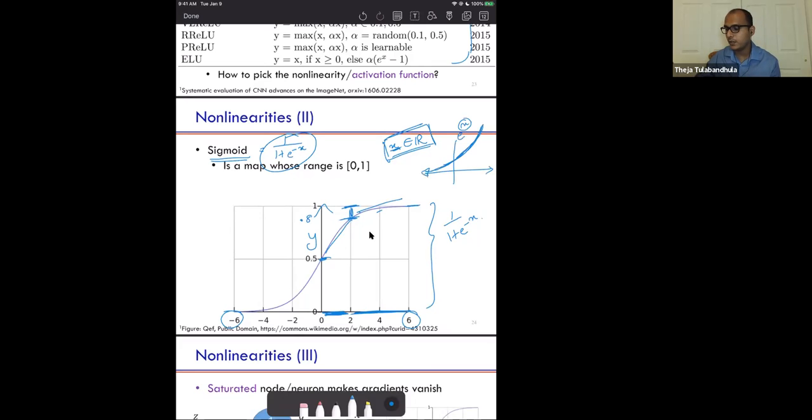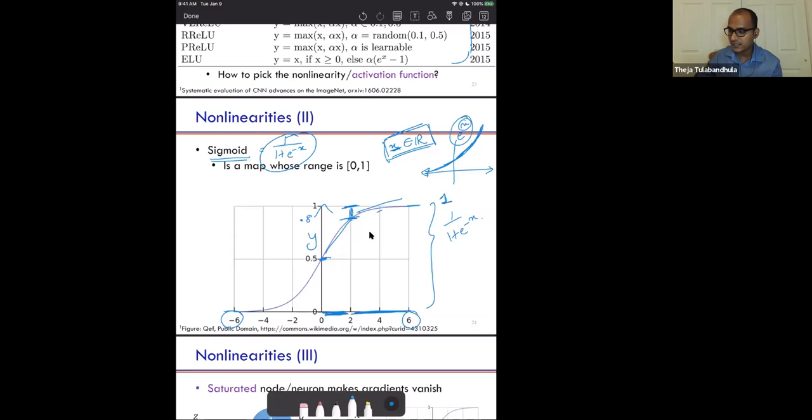So the largest value the sigmoid function can take is actually 1, and the smallest value it can take is 0, because e to the power minus x cannot go below 0, but it can go all the way to infinity. The denominator can blow up. For example, if x is minus 10,000, then minus of that is 10,000.